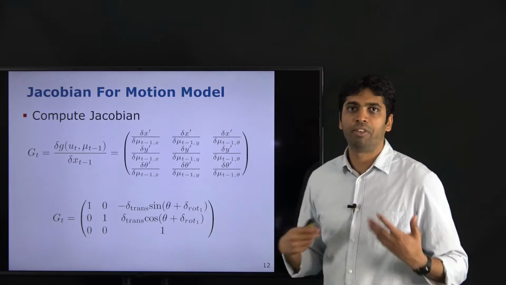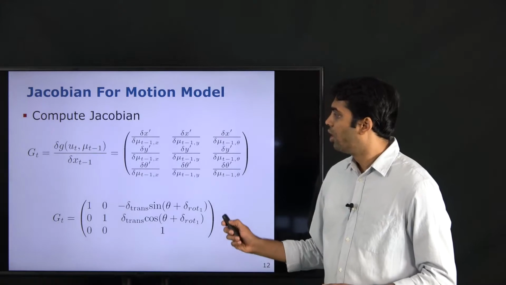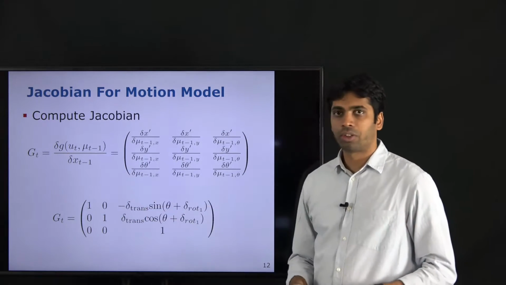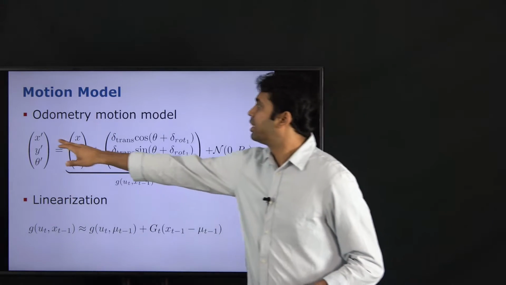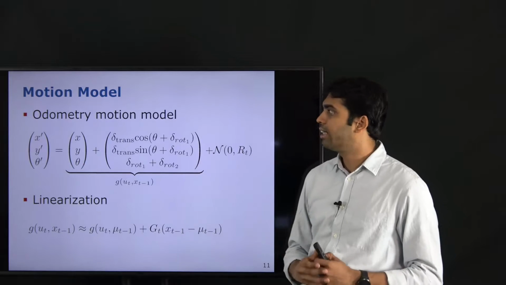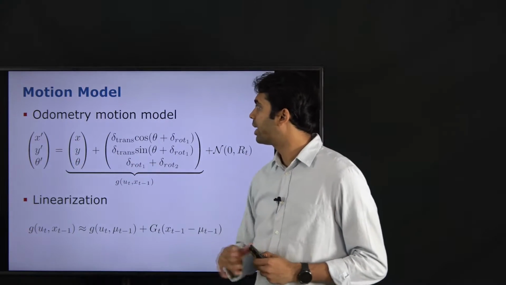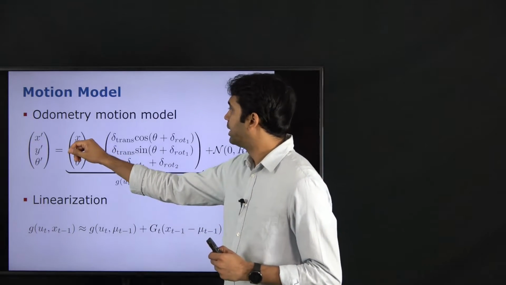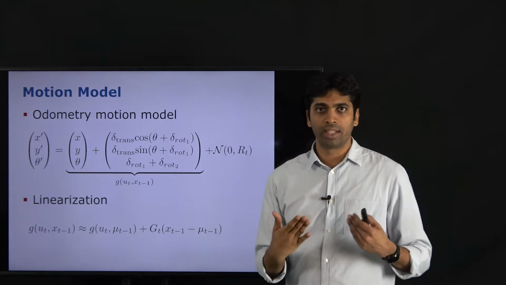Maybe we can do this exercise for, let's say, one of these rows. So this is the derivative with respect to x, with respect to y, and with respect to theta. If we take this first line here and take the derivative with respect to x, this is just 1, because this is the only place where x comes in and everything else is 0. With respect to y, there is no y term at all in this first line, so the derivative with respect to y is 0.